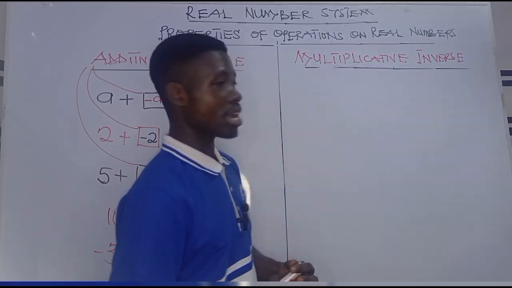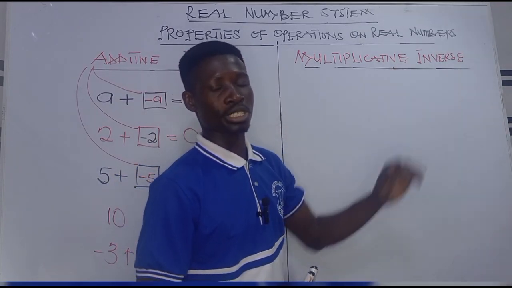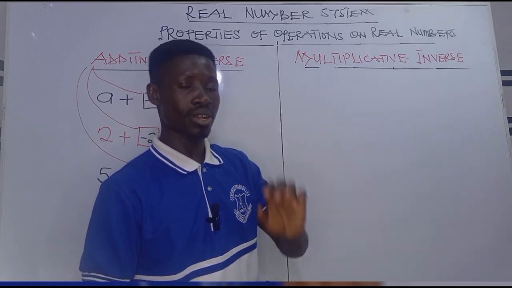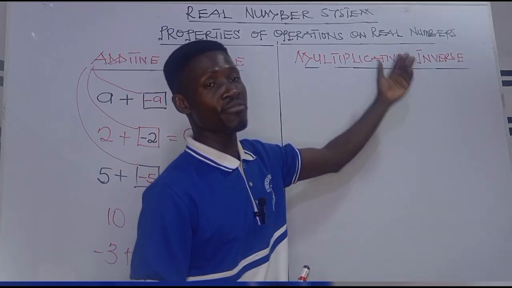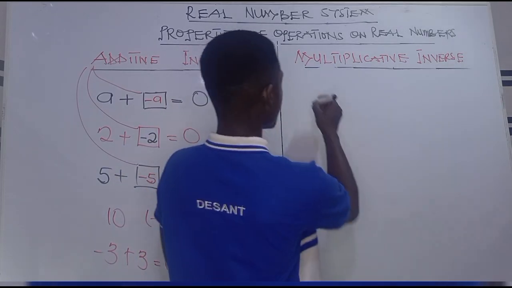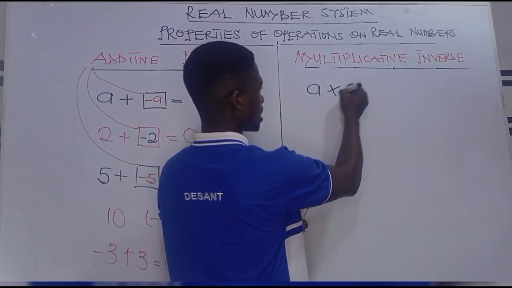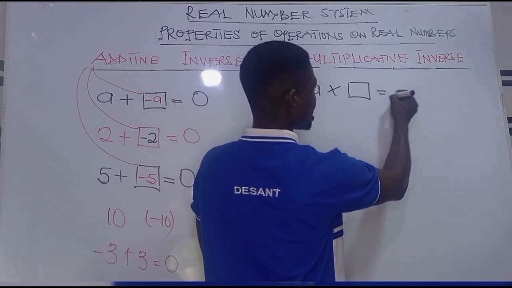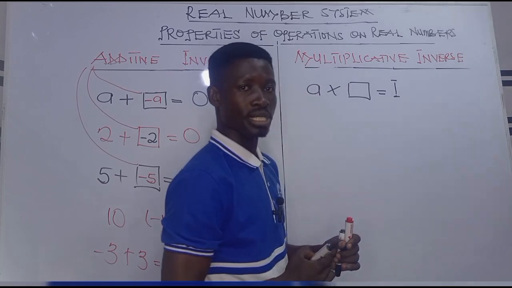So the next one that we are looking at is the inverse property for multiplication. It is also called the multiplicative inverse. Now the multiplicative inverse of a number A is that number that when we multiply by A gives us the identity element for multiplication.